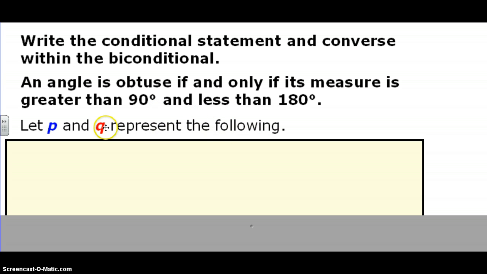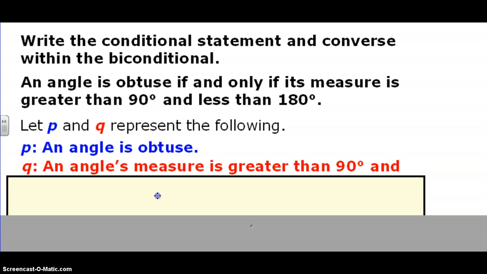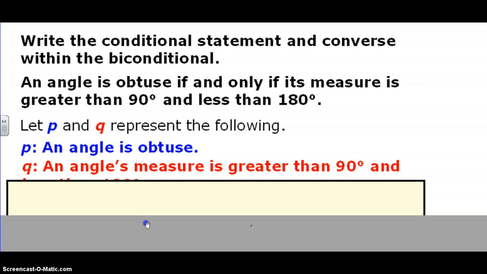So if we start by using the beginning of this biconditional, if an angle is obtuse as our hypothesis, we could then say its measure is greater than 90 degrees and less than 180 is the conclusion, right? There it is, hypothesis, conclusion.